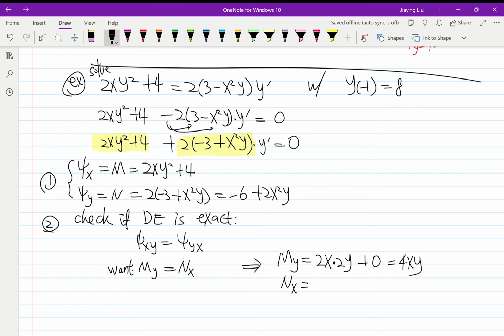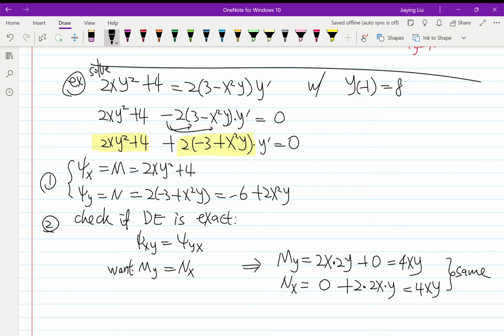So y is treated as a constant, so that's 0 from negative 6, plus 2 times 2x times y stays. So we get 4xy. That's a good thing because both are the same. Questions? So we do have My equals Nx.